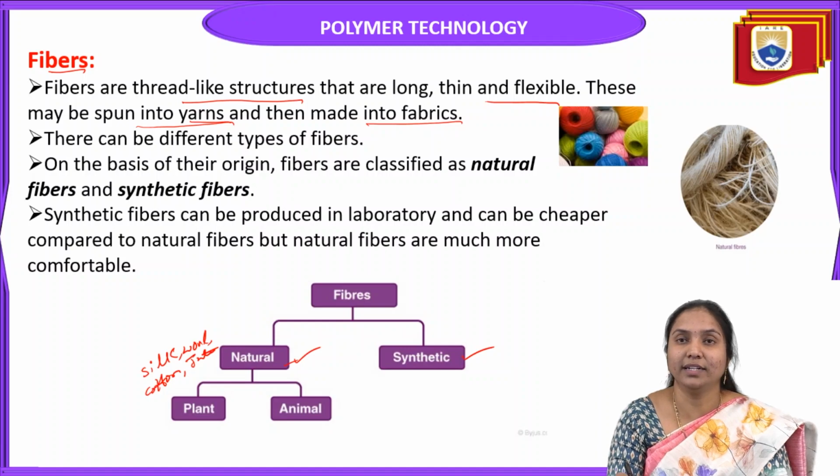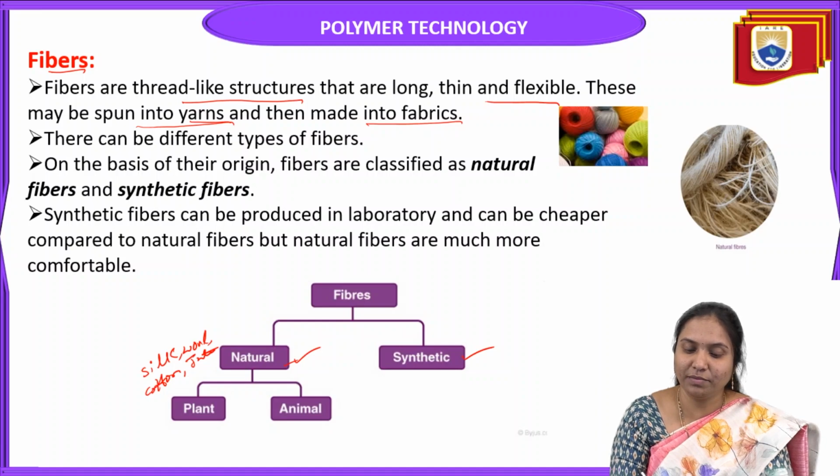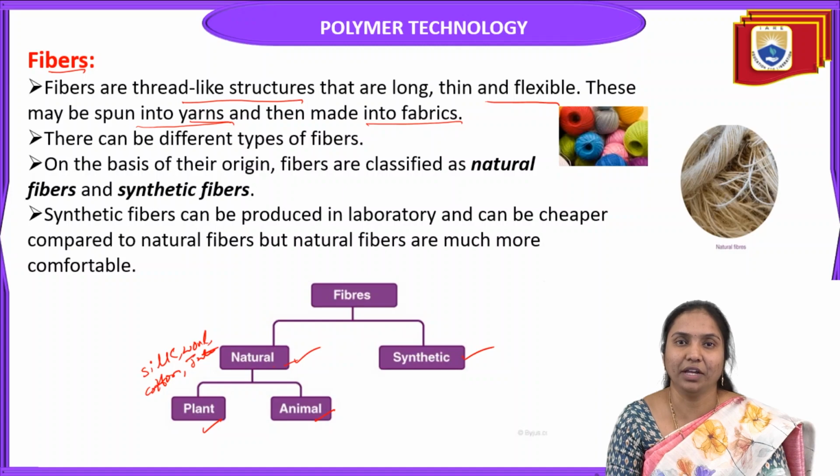Natural fibers, which are obtained from plant and animal materials, are again classified into two types: plant fibers and animal fibers.